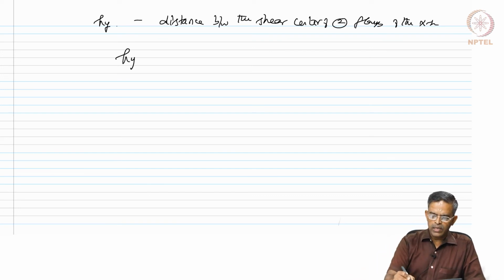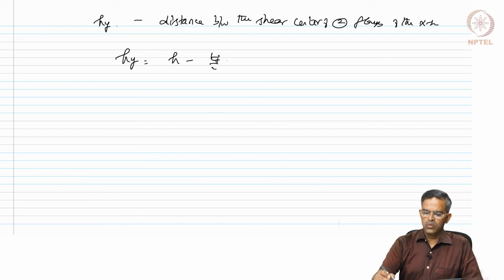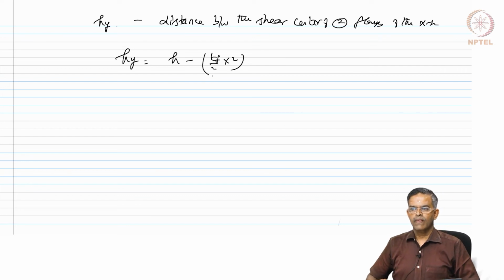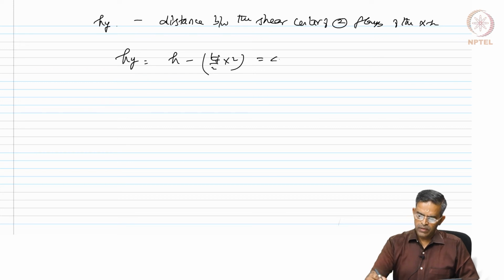So, Hy in my problem will be h minus tf by 2 into 2, which will be 400 minus 16, which is 384 mm.